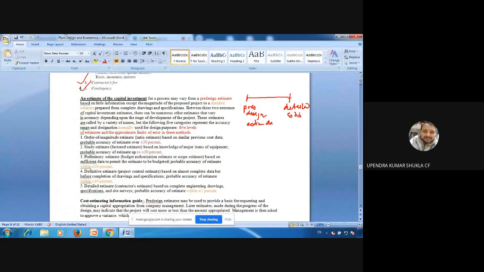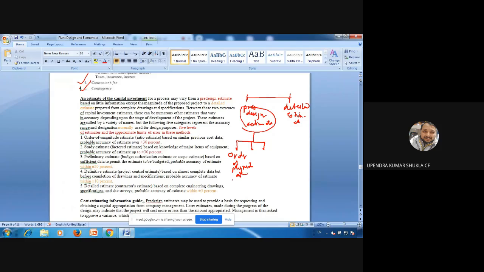Now as an estimator, you have to estimate first the pre-design estimate. In the pre-design estimate, you will find different types. Pre-design estimate: order of magnitude.